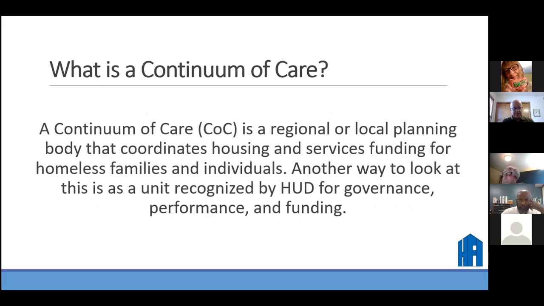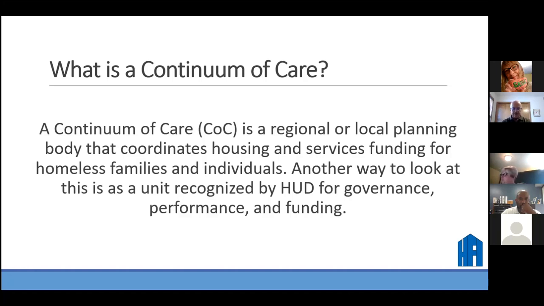And just to review, what is a continuum of care? Because the term gets used a lot. We call it COC for short. It is an entity or a system created by HUD, a regional local planning body that coordinates housing and services funding for homeless families and individuals.